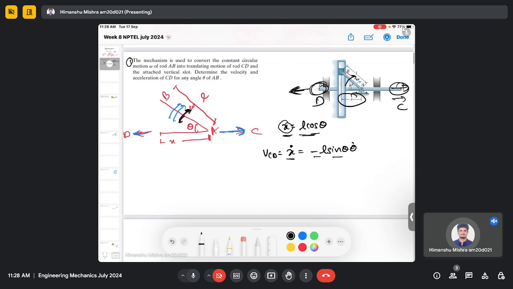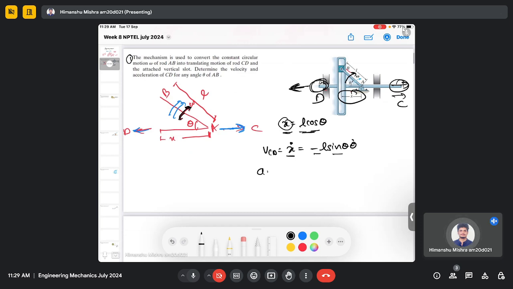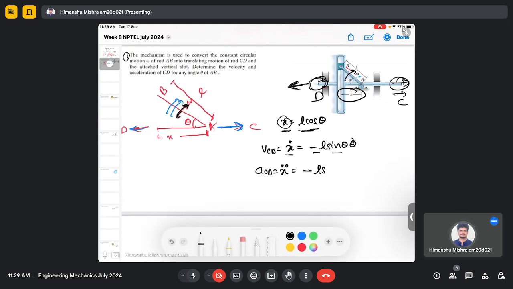So in a similar manner, if I double differentiate this, I will get the acceleration of CD, which is X double dot, which I can write as L sine theta, theta double dot, minus L cos theta, theta dot square.